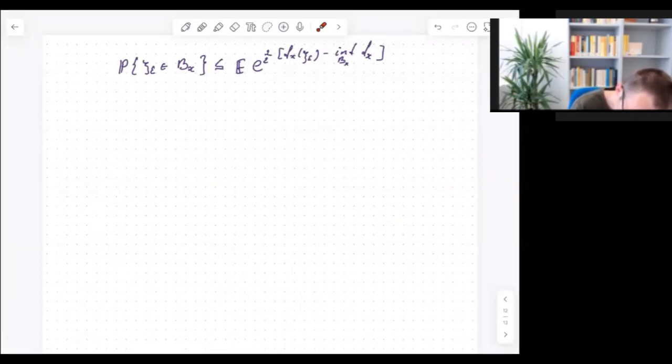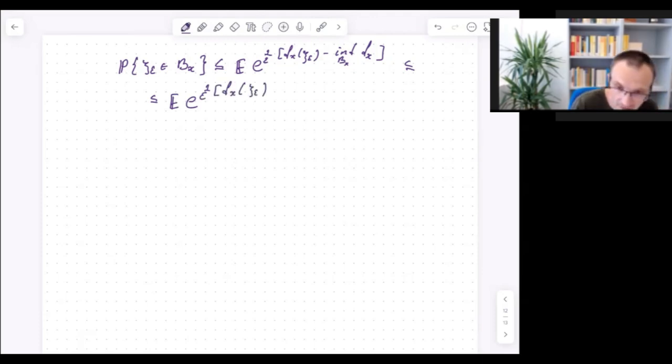But you see that the infimum here is taken with minus, therefore the inequality will be in the inverse direction. It is less or equal than the expectation of e to the power 1 over epsilon times f_x(psi epsilon) minus lambda f(x) minus the indicator I(x minus delta), minimum 1 over delta.